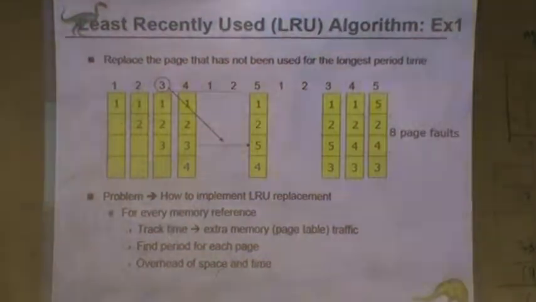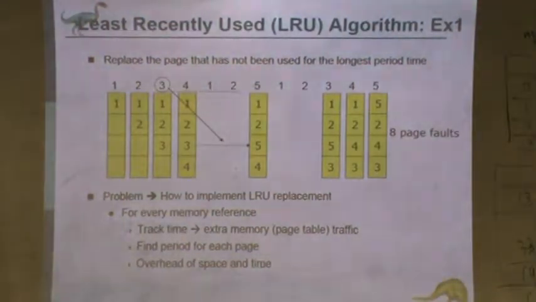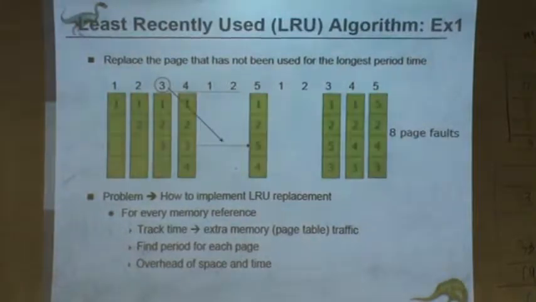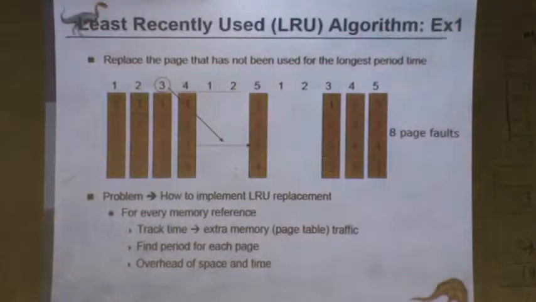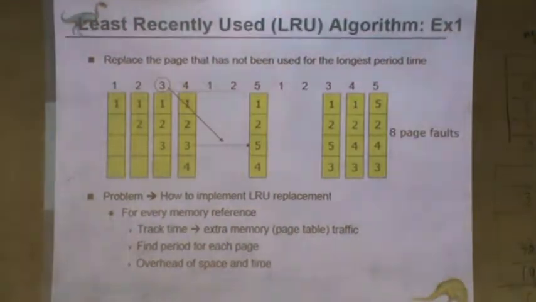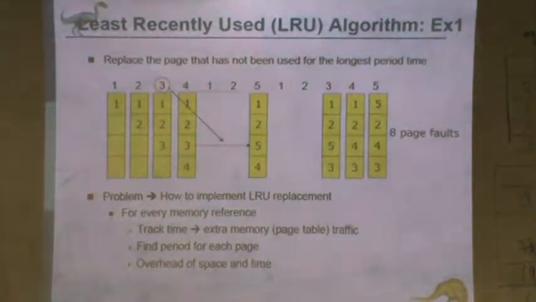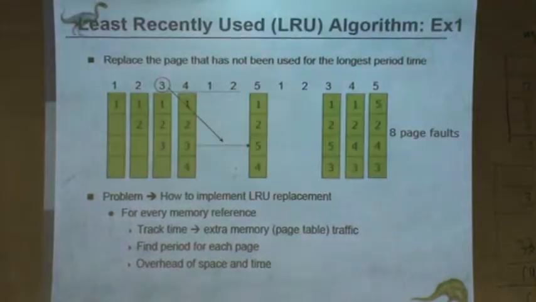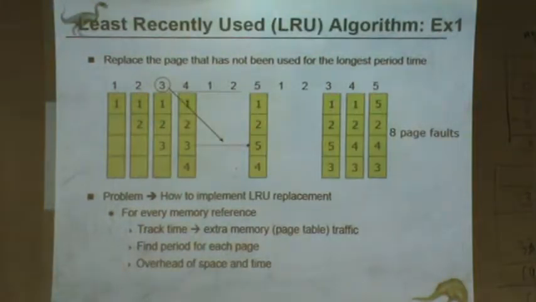And because we cannot predict the future correctly, why don't we take a look at the past? Which one is the recently used one? So this is called the least recently used algorithm, LRU algorithm. The least recently used pages have a lower chance to be used, right?